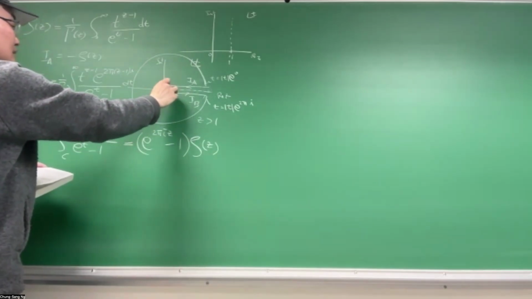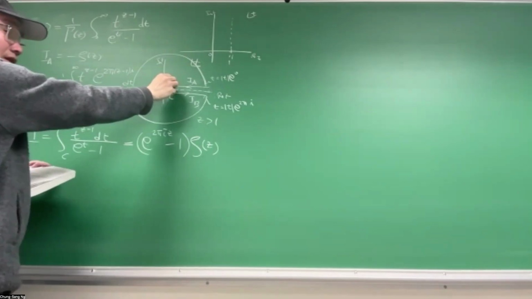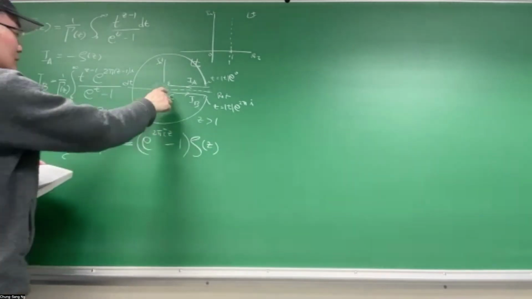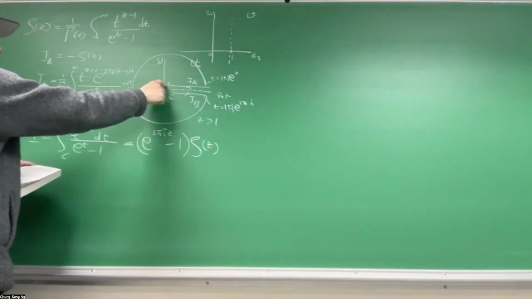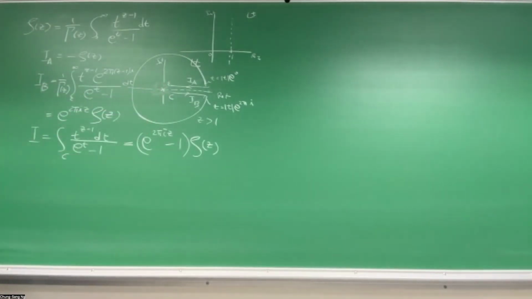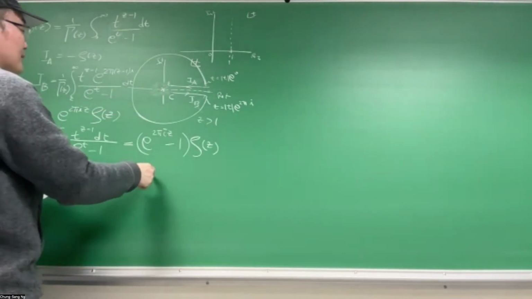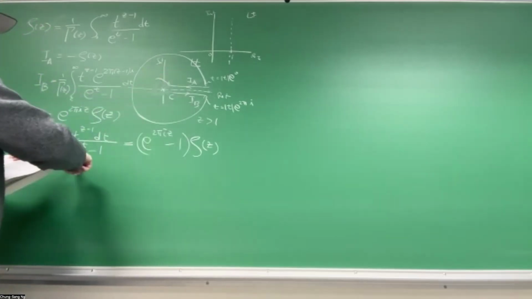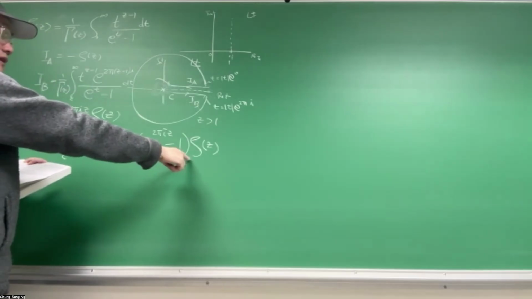The deformation doesn't matter as long as it doesn't hit any pole of the integrand. So this deformation is just to avoid this branch point, because this little circle contribution will no longer be 0. But when you deform it, you still define it as the zeta function.